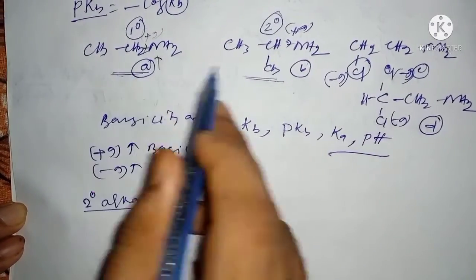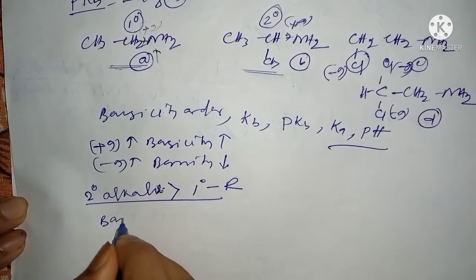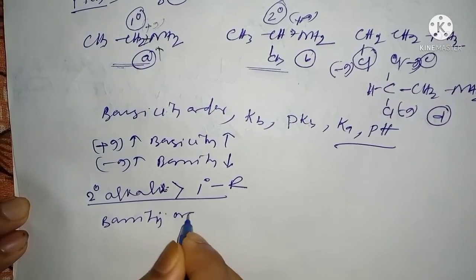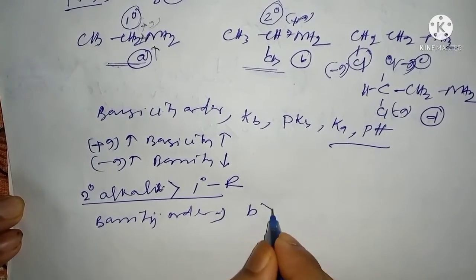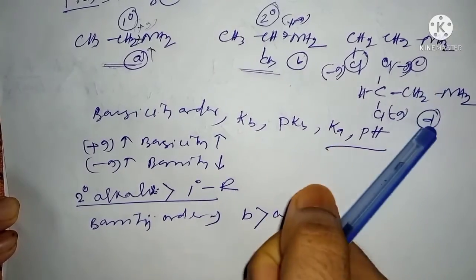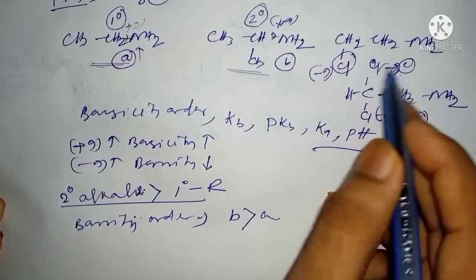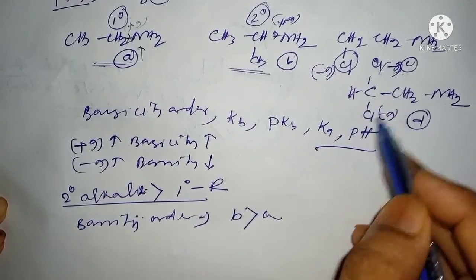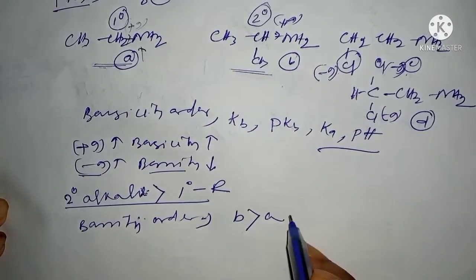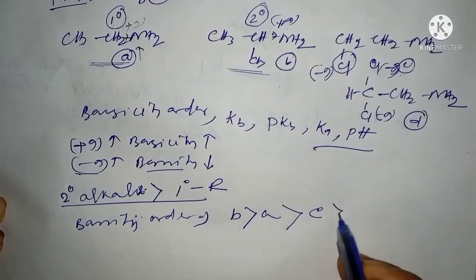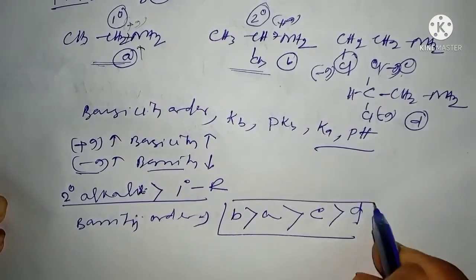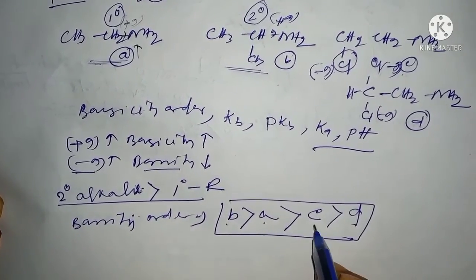Both have a plus I effect, so basicity order first is B greater than A. Then check C and D. D has 2 minus I effects and C has 1 minus I effect. As minus I effect increases, basicity decreases. So C comes first, then D. So the basicity order is B greater than A greater than C greater than D.